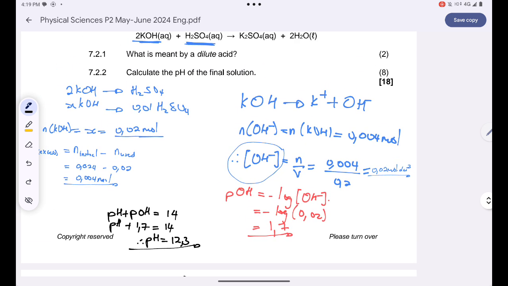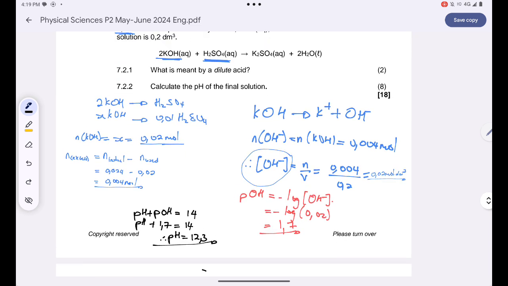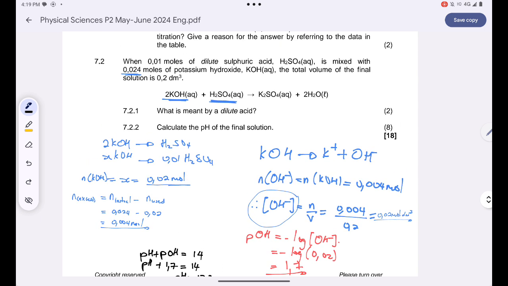Now, let's remind ourselves what happened over there. Remember that, guys, they gave us a strong base and a strong acid. And we were never told which one of the two is in excess and which one of the two is the limiting reagent.